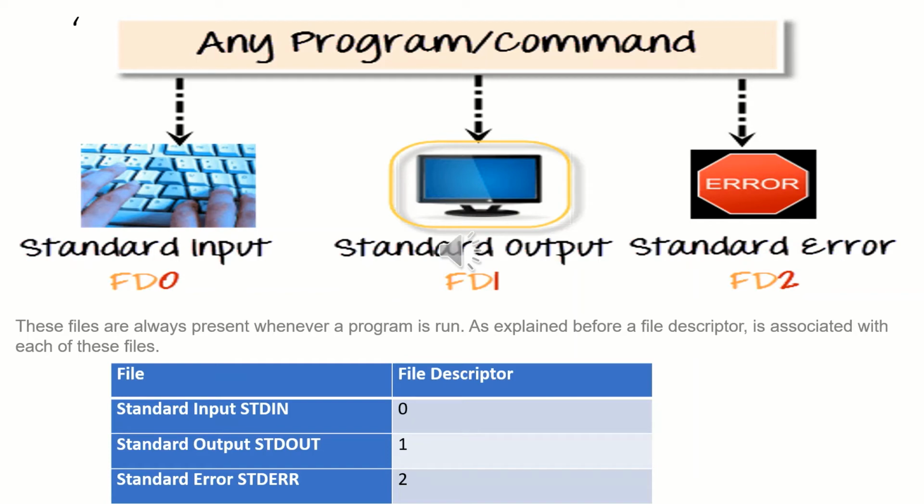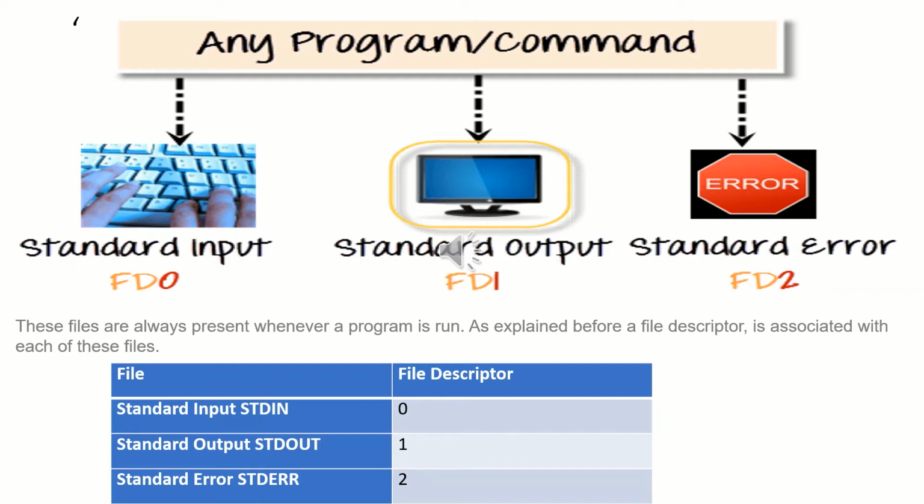Then standard output is another file: after execution, the information that needs to be displayed on the monitor goes there. It is called stdout, and its file descriptor is 1, fd1. The last one is standard error: any errors generated while running the program.